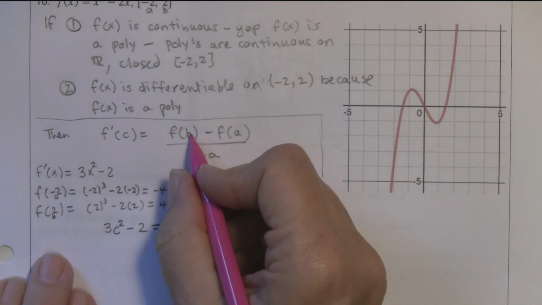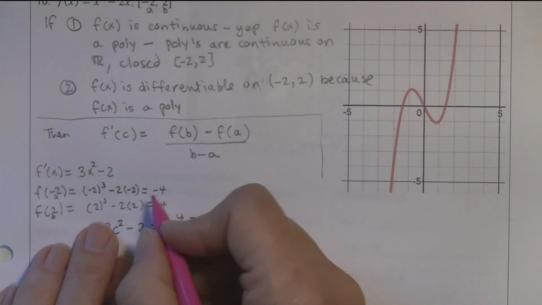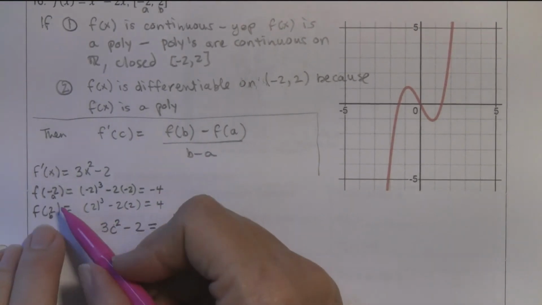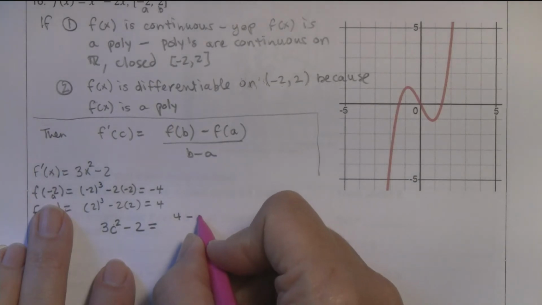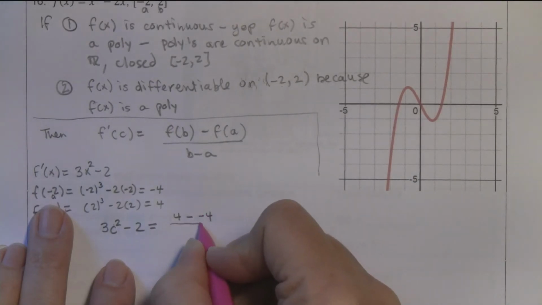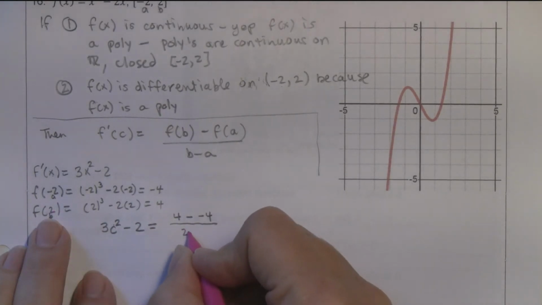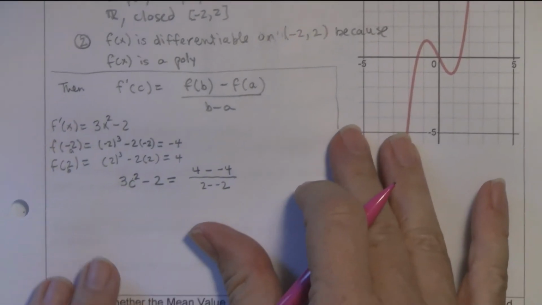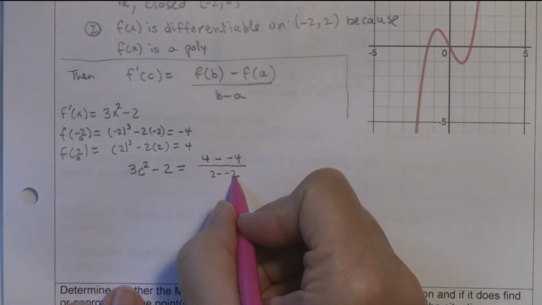F at 2 is 4, so this is 4 minus, and then a is negative 4, so this is minus negative 4 over 2 minus negative 2. So this is 8 over 4.